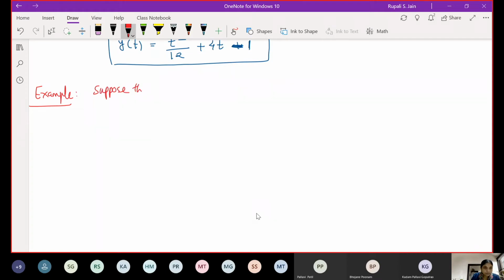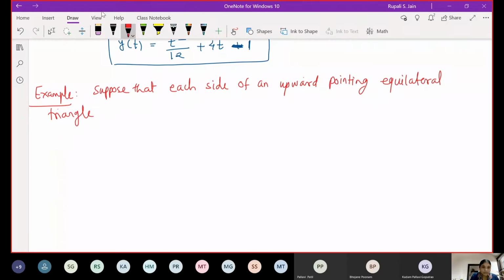Suppose that each side of an upward pointing equilateral triangle is divided into n equal parts.